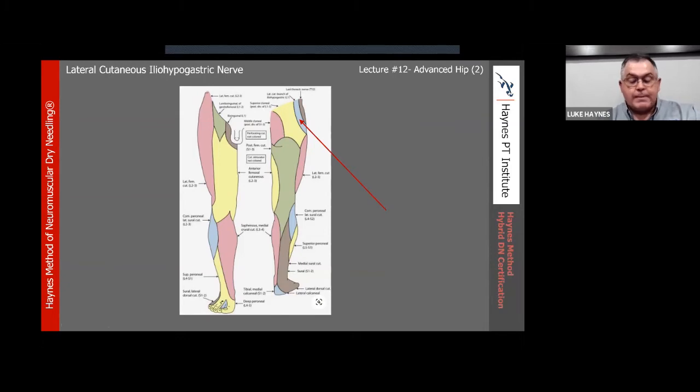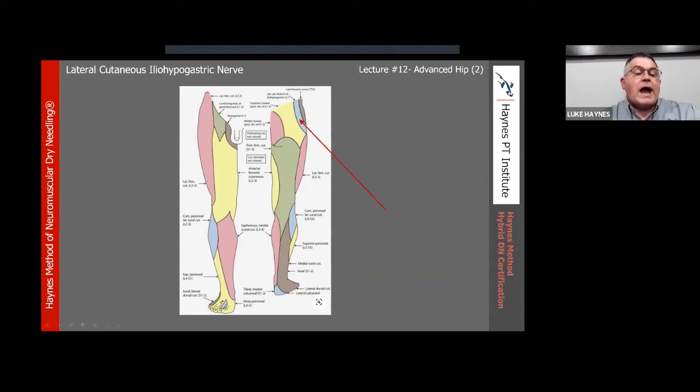A patient came in with some odd sensory things going on. She was having several nerves affected, and it wasn't at the spinal level; they were actually being compressed in the fascial planes as they were coming down.